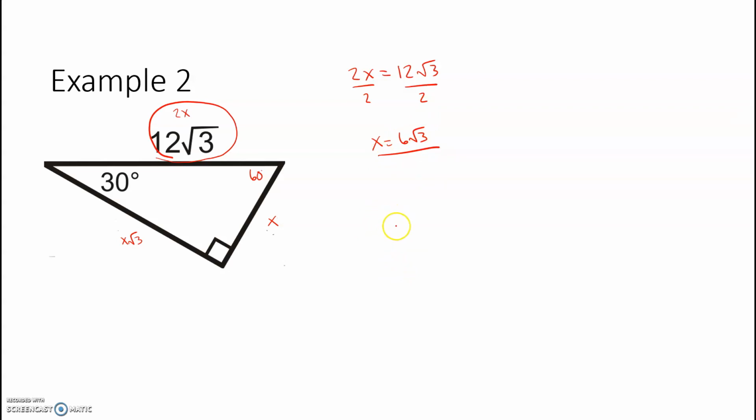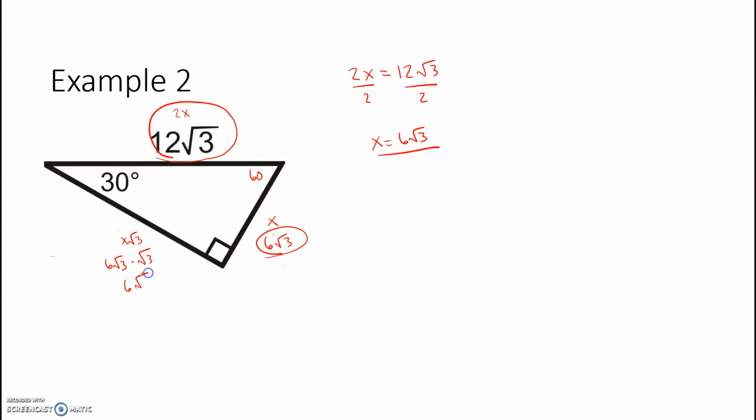Now be careful because you're not done. We just found the value of x here. So x is 6 root 3. Well, that one's done. X root 3, so this is x times the square root of 3. So x was 6 root 3 times the square root of 3.